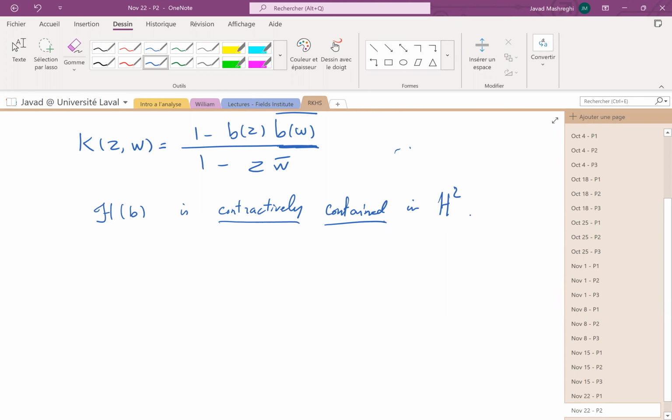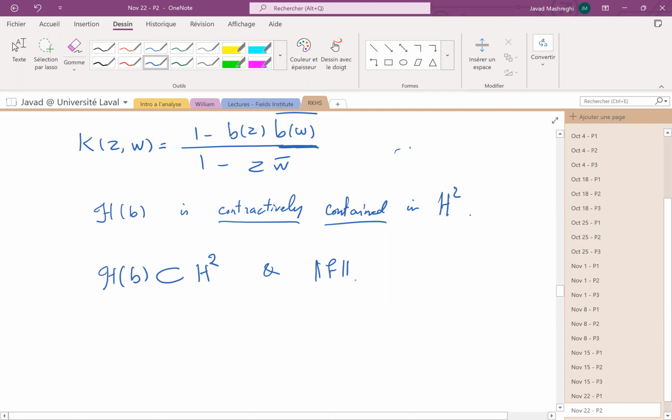So any f, well, we can put it this way: what does this mean? HB is a subset of H2, but more than that, the norm of f in HB is less than or equal to the norm of f in H2 for any f in the smaller space. That's the meaning of contractive inclusion.